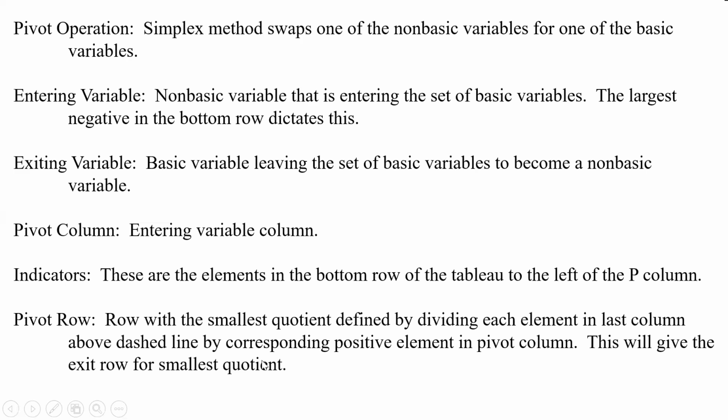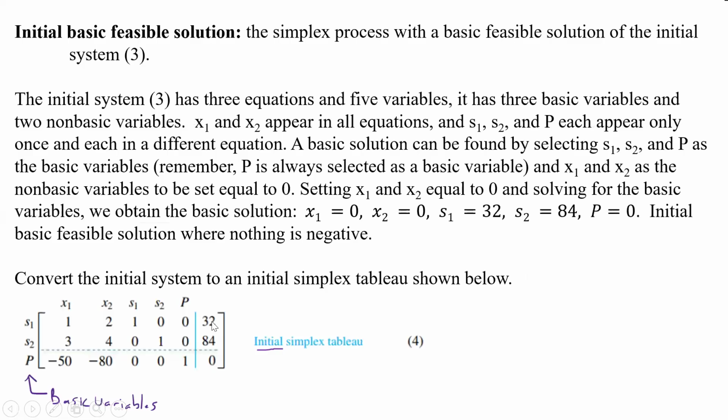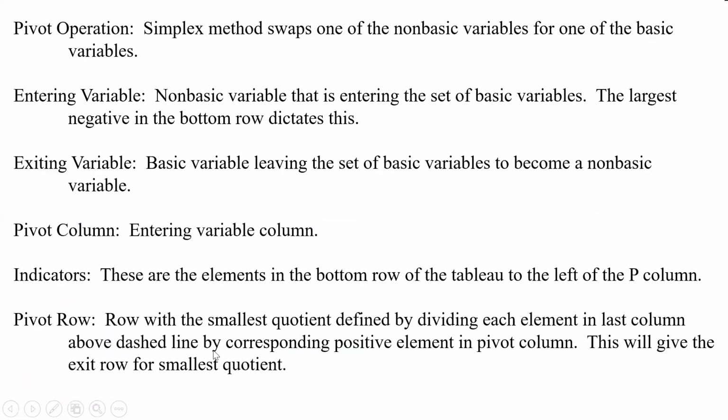This is going to give us the exit row for the smallest quotient. So we'll take 32 divided by 2 and 84 divided by 4, and figure out which quotient is the smallest. Whichever one's the smallest, that variable is going to be the one that's leaving, whereas this one is going to be the one that's entering.